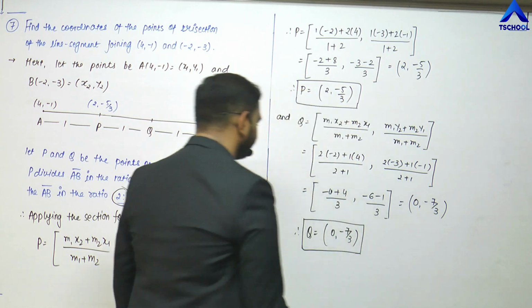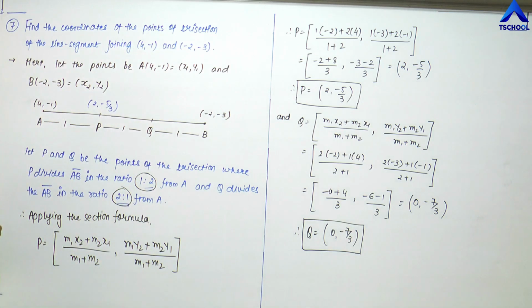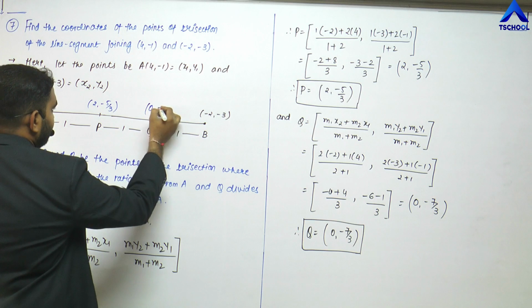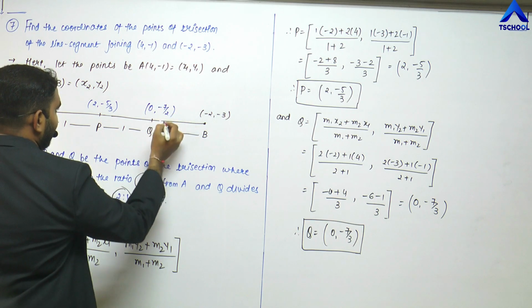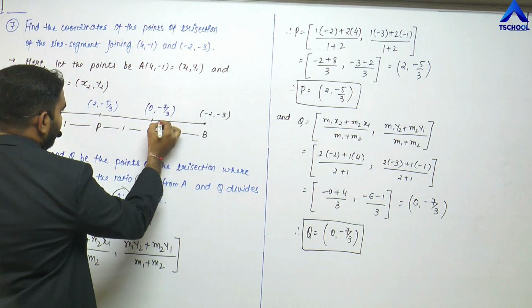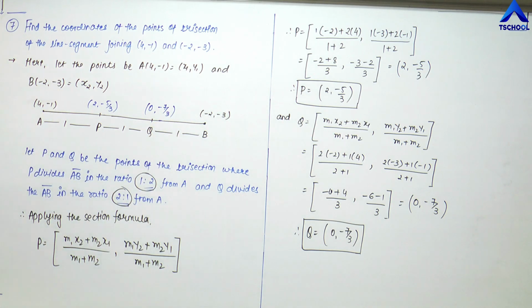Yes or no? Hence we got the points of trisection, that is P 2 comma minus 5 by 3 and Q 0 comma minus 7 by 3. So these are the points of trisection that divide the line segment joining 4, minus 1 and minus 2, minus 3 into 3 equal parts.